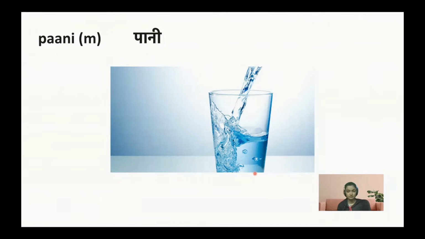Pani gir gaya. Water has spilled. I can't say pani gir gayi. It'll be wrong. It'll be grammatically incorrect and will also not be acceptable in spoken Hindi. So once again, I'll repeat the same thing. I may be able to understand what you are saying, but it will be incorrect. You'll be speaking wrong Hindi.